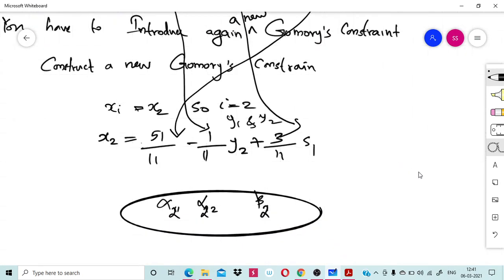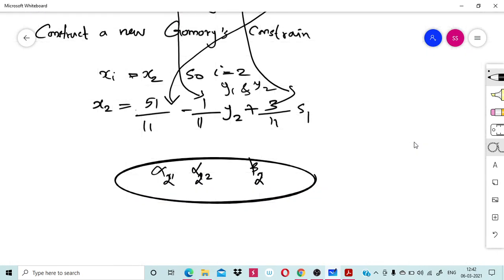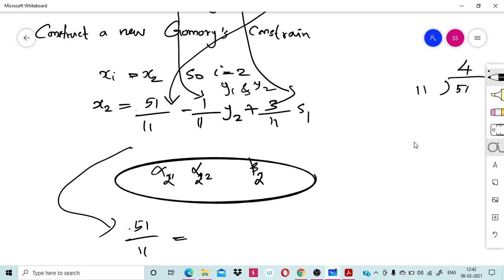So that is this. And then you have to consider this 51 by 11. You have to fractionalize this. That means 51 divided by 11. You will get 4, 44, then 7. So you can write 51 by 11 as 4 plus 7 by 11.